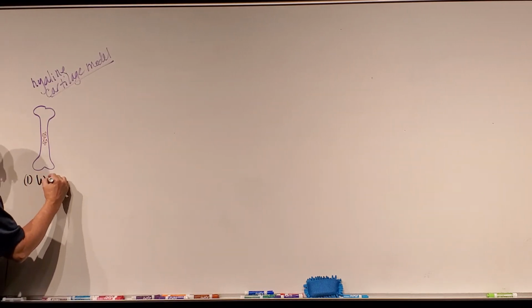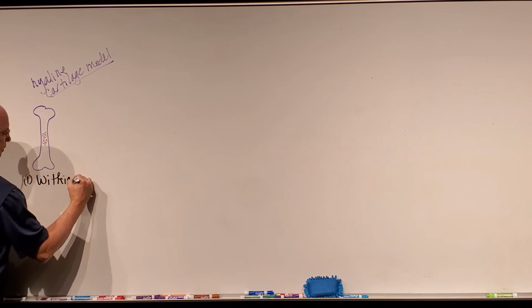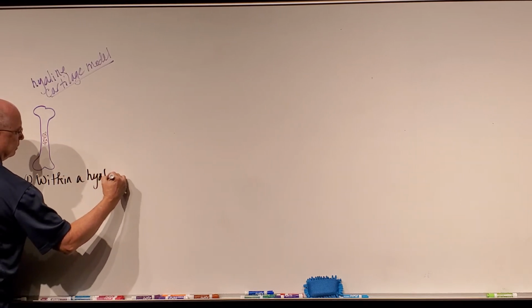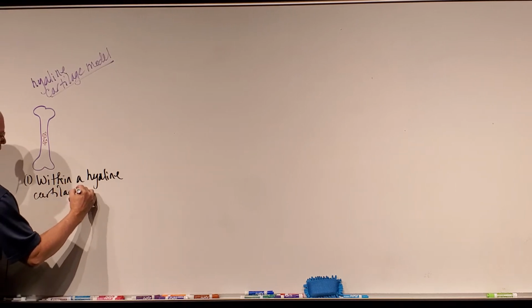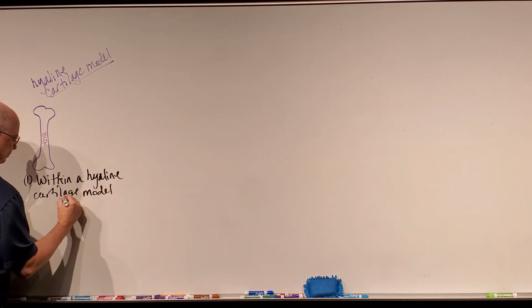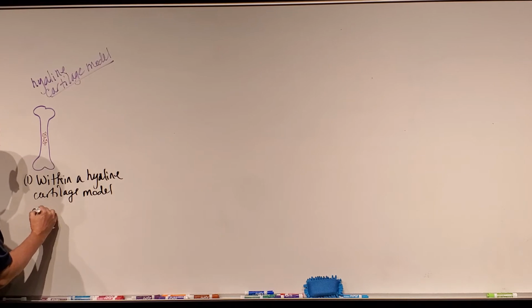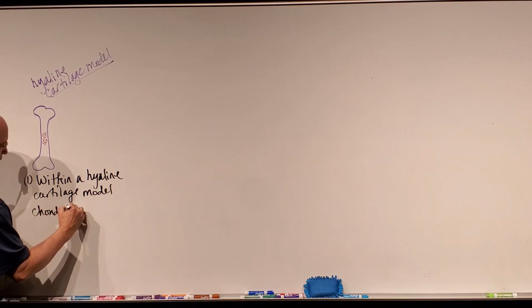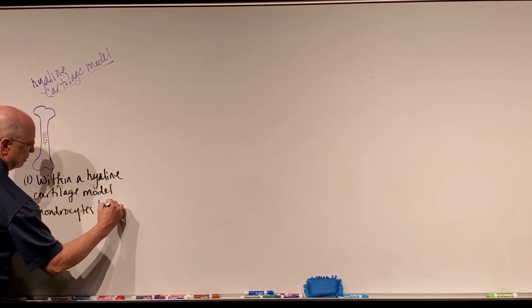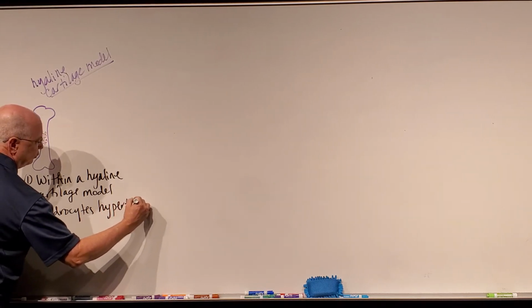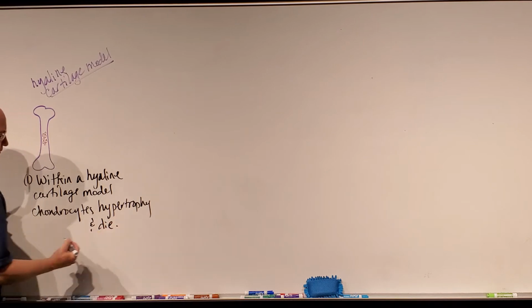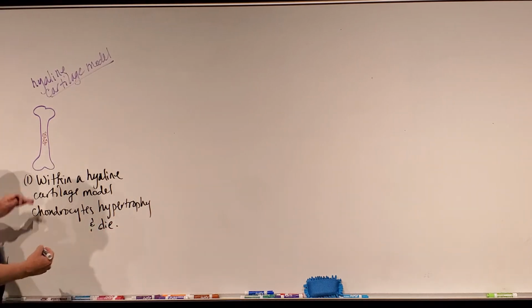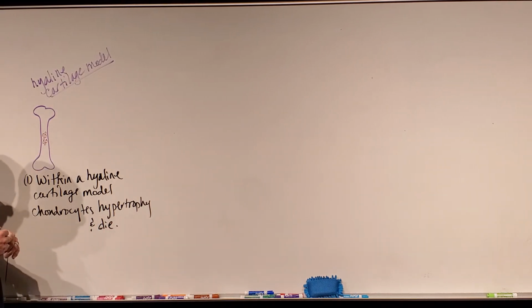We can say that within a hyaline cartilage model, chondrocytes hypertrophy and die. And they leave these empty spaces in there.